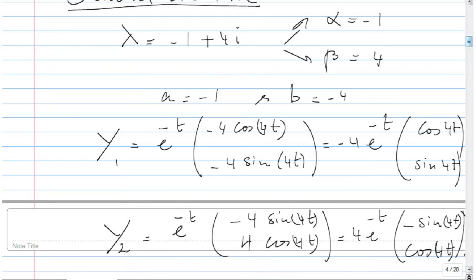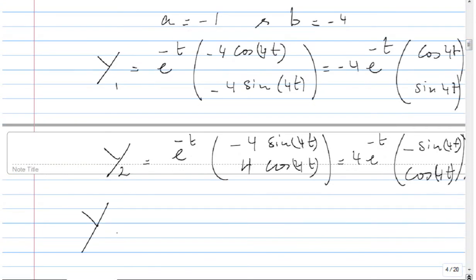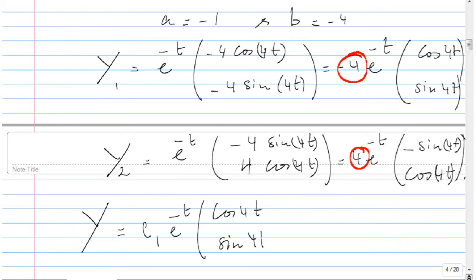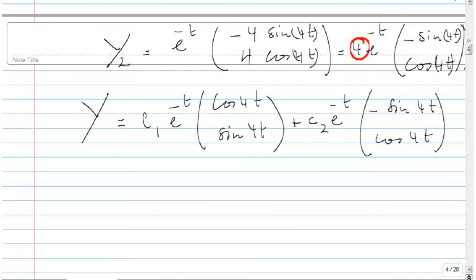So your general solution y is equal to c1 y1 plus c2 y2. We can ignore the constant in the front because we are going to multiply by c1 and c2 anyway. So we have c1 e to the minus t times cosine 4t, sine 4t, plus c2 e to the minus t times minus sine 4t, cosine 4t. This is a general solution that gives you all the solutions of the system.